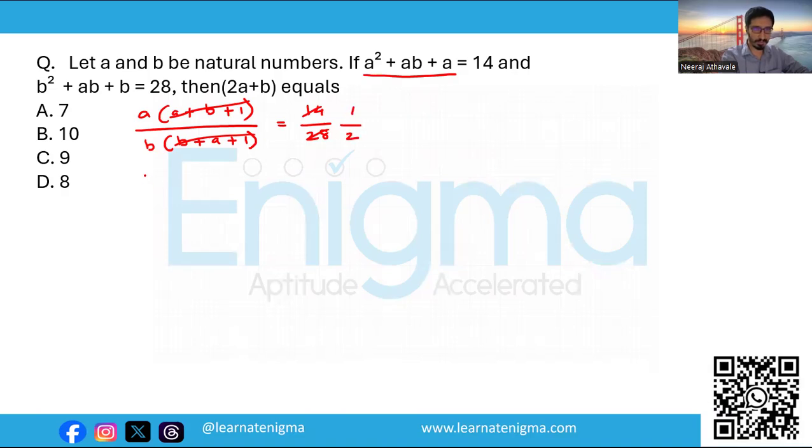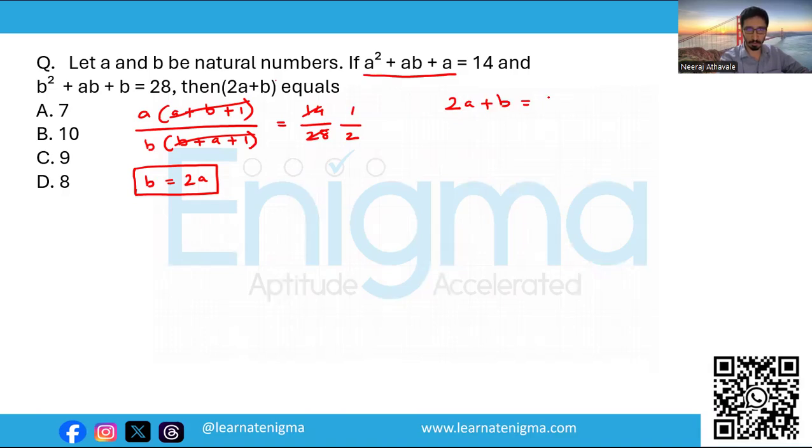So we can say that b is equal to 2a. Okay, b is equal to 2a. Now, we want the value of 2a plus b.